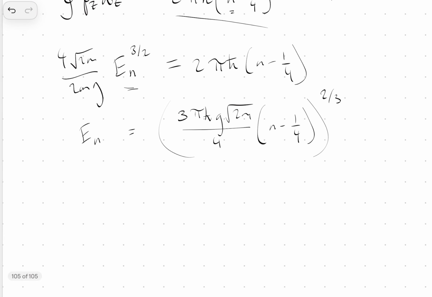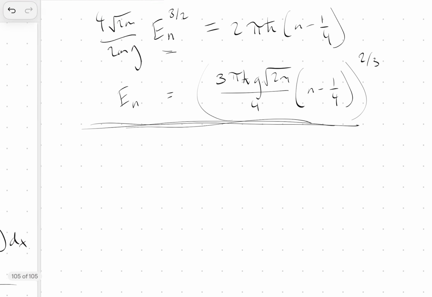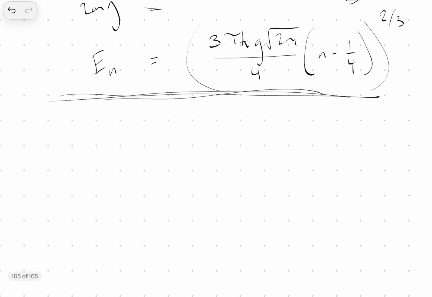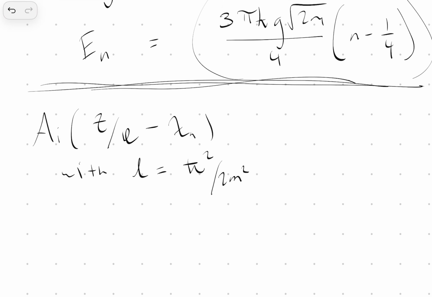And this exact quantum problem reduces to something called the Airy equation. So the eigenfunctions are the set of Airy functions with lambda n, with L here being h bar over 2 m squared g, to the 1/3.